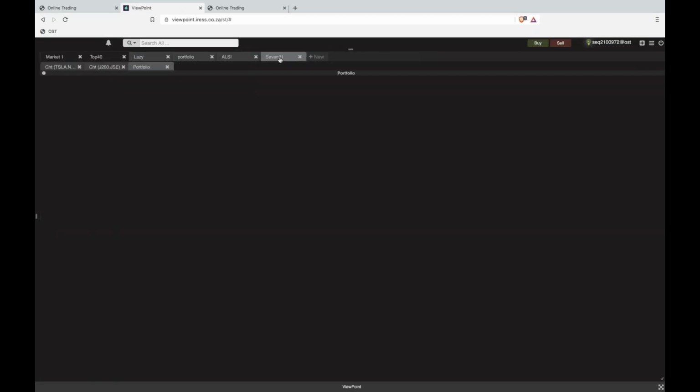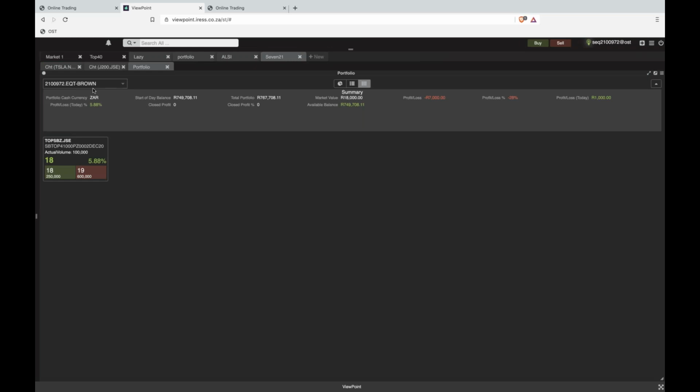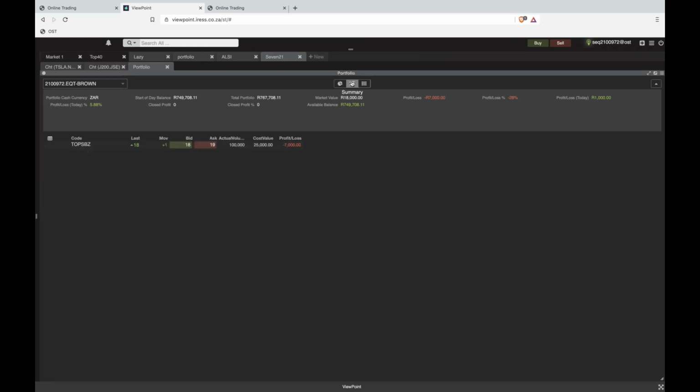Yolandi, you want to see a trading account on Viewpoint. So the particular tab that you're looking at, you pull up the portfolio tab. What it does is it shows me here, up in the top line, and below down here what I'm holding, what the price is, what the bid offer, the cost value, and the P&L at this point, profit or loss. This is my crash point. It is a loss.